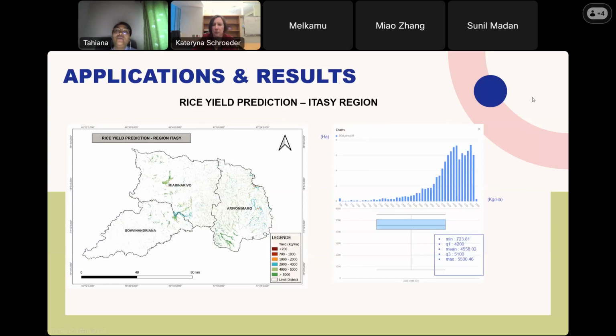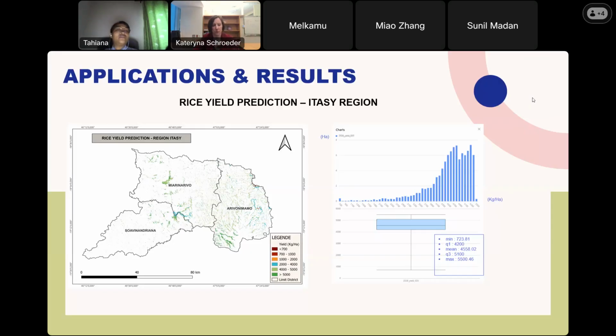For rice, it's also a big challenge for Madagascar to predict the rice yield, because till now Madagascar can't predict the yield, which would help the high-level officials plan for any lack of rice for feeding the population. So it's very important to do this rice yield prediction.